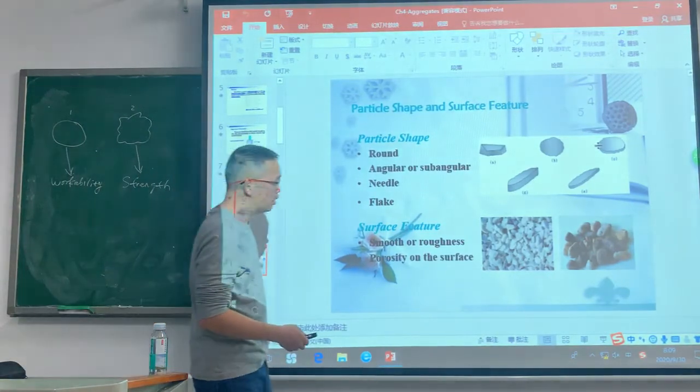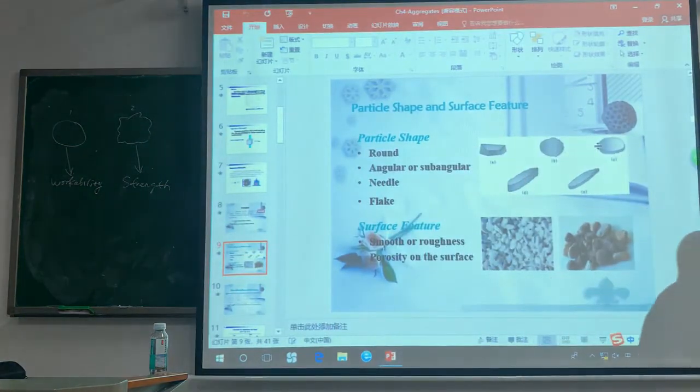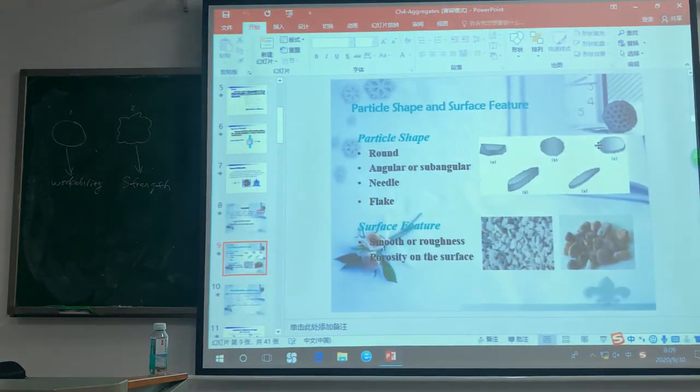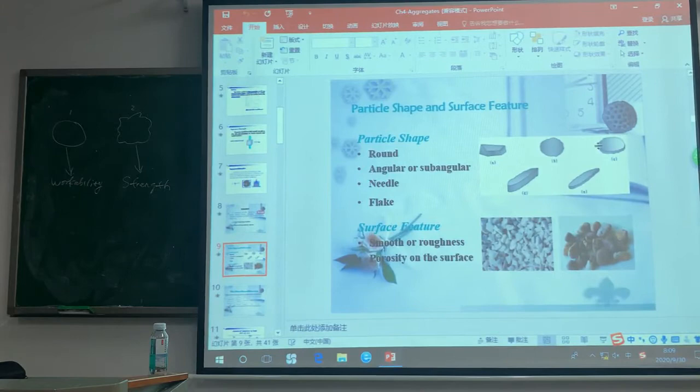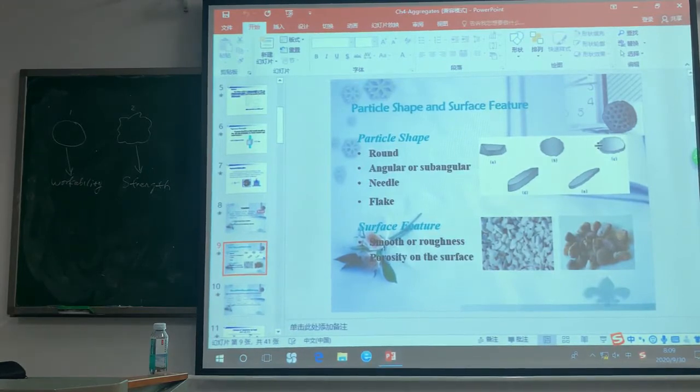I missed what you said about the particle shape. If the aggregate is poor, meaning the shape is what? Which shape is for poor aggregate, and which is good? There are four kinds of particle shape.